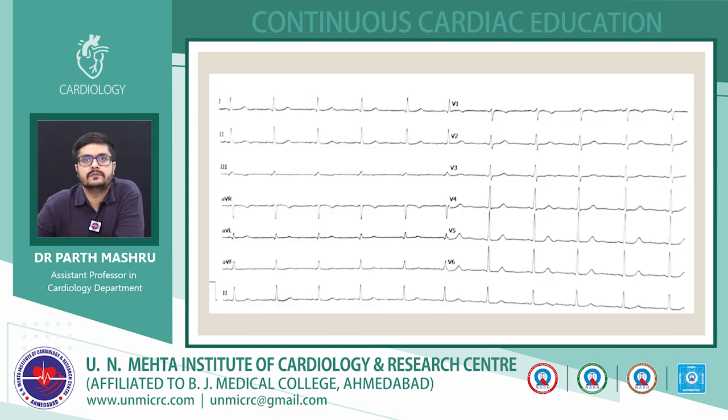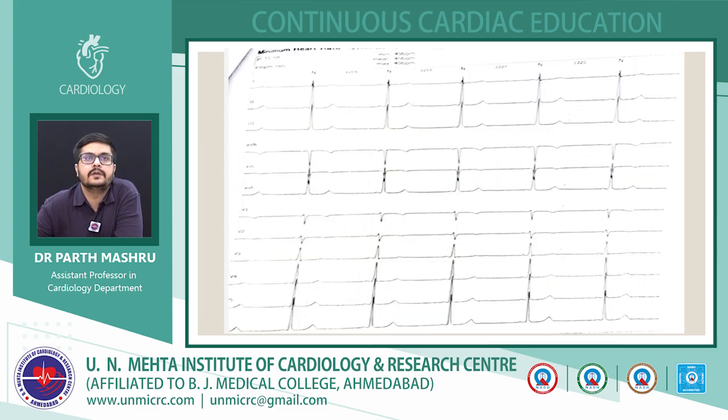But this was her baseline ECG. In the baseline ECG, there was no pre-excitation at all. So now, as I have mentioned earlier, if there is no pre-excitation and you suspect pre-excitation, how do you bring out pre-excitation in a patient? For that, we gave adenosine to this patient, and during adenosine, you can see there is subtle pre-excitation developing in some leads.